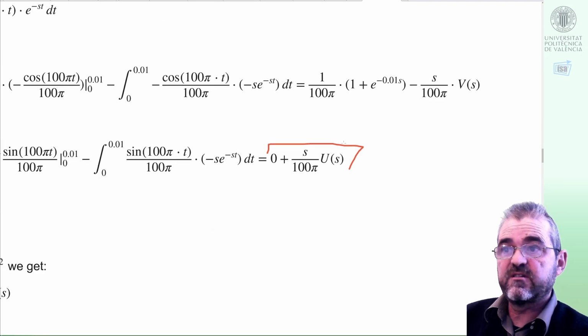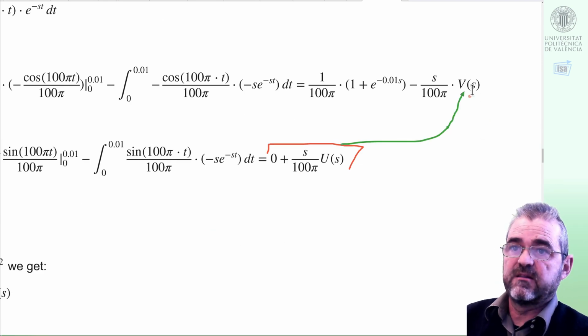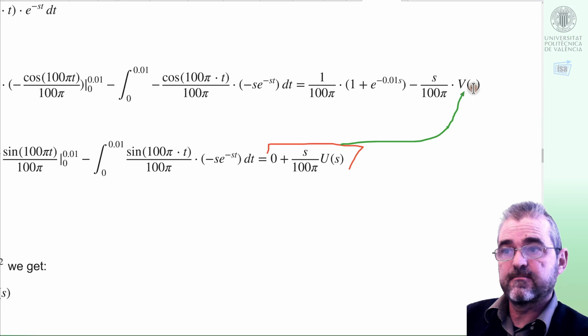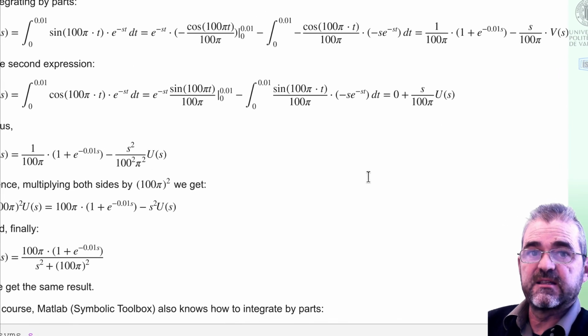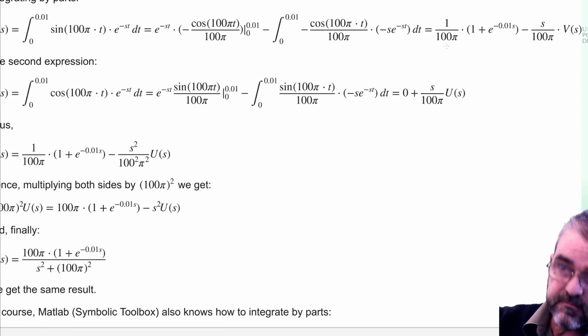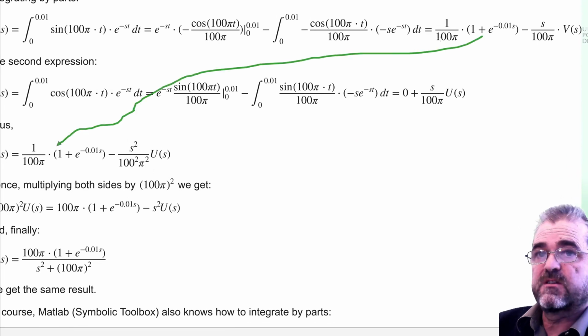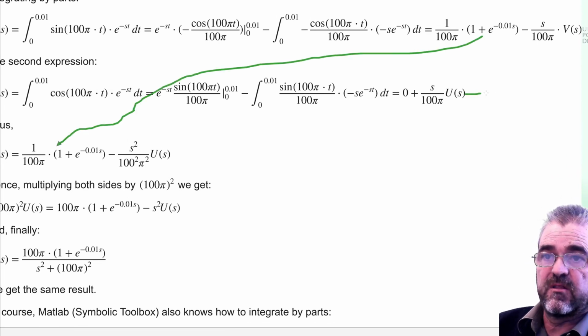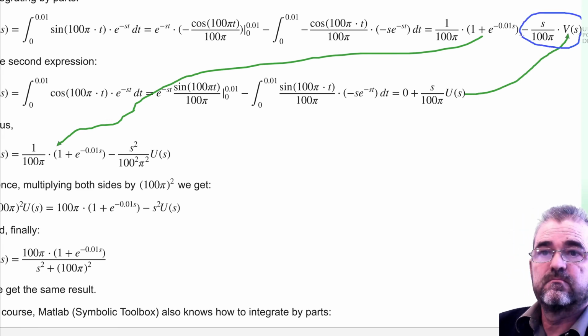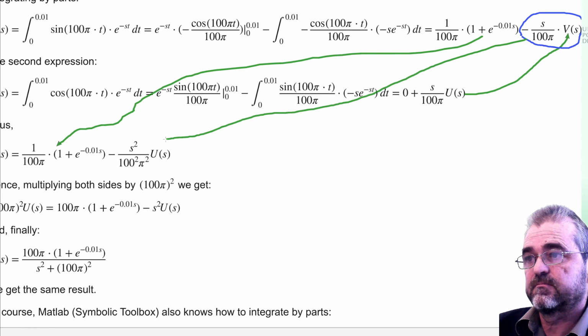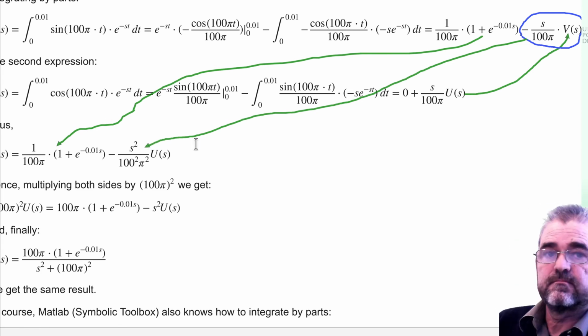As this was v of s, I can replace it here, and if I make it slightly small, u of s is equal to this factor, and then replacing this here, and moving all this in there, I get s squared over omega squared u of s.